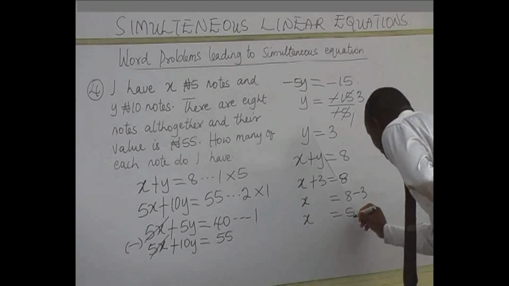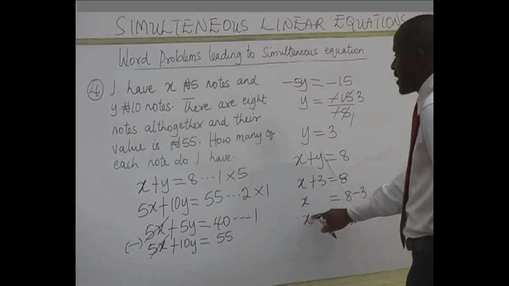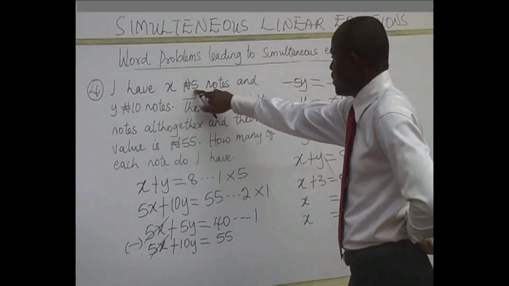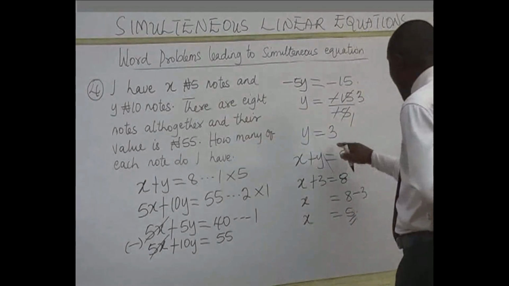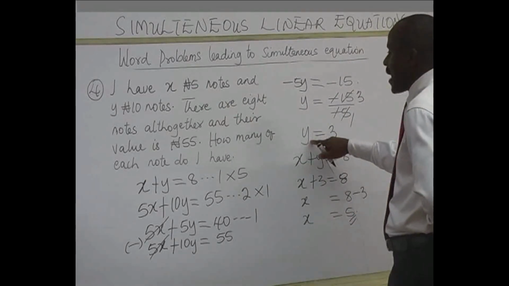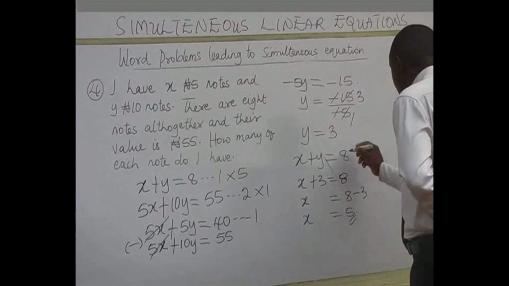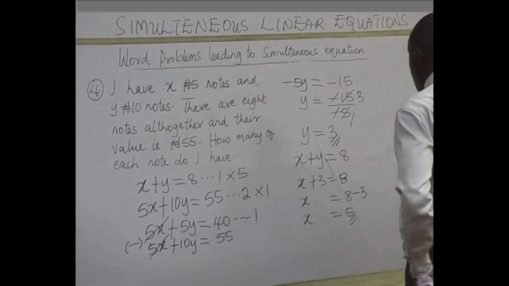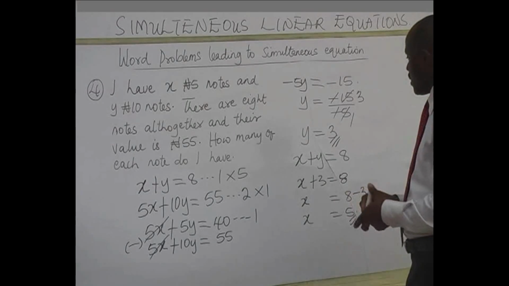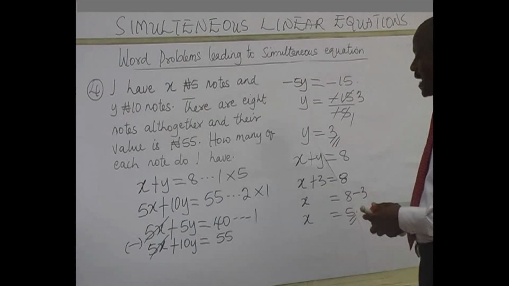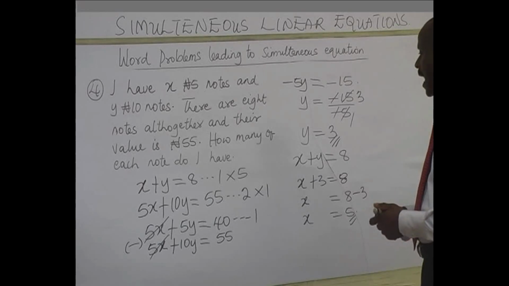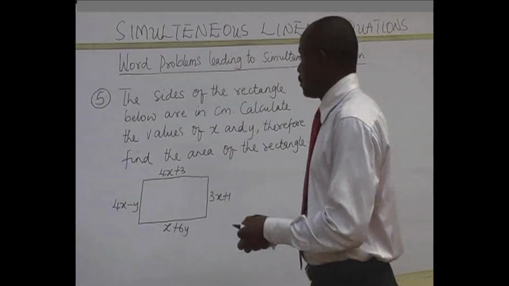I have 5 pieces of X notes, that is 5 pieces of 5 naira notes, and I have 3 pieces of Y, which is 3 pieces of 10 naira notes. That is what the solving has given us as a result to the values of X and Y.